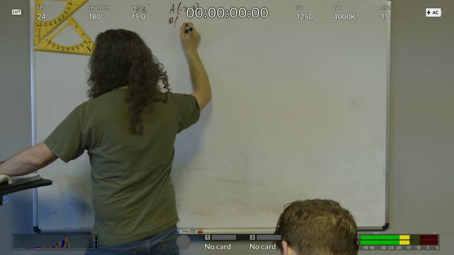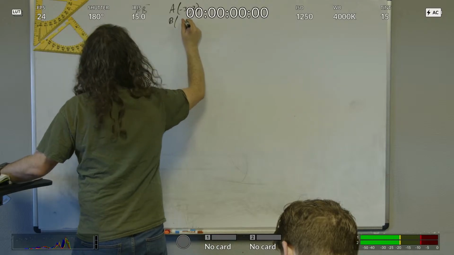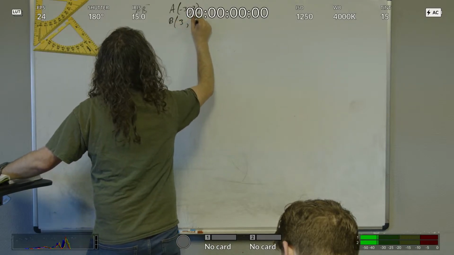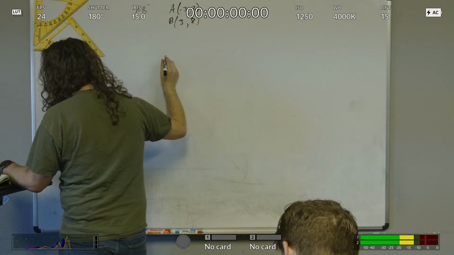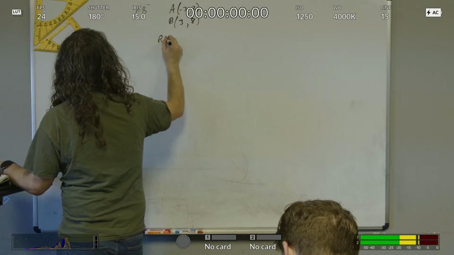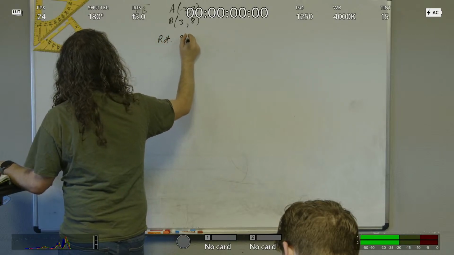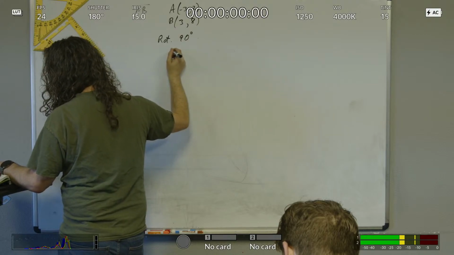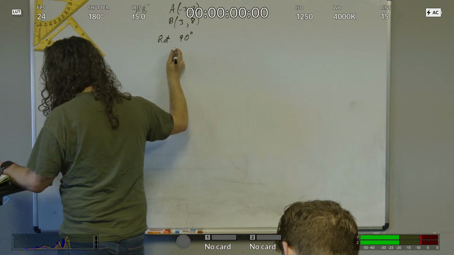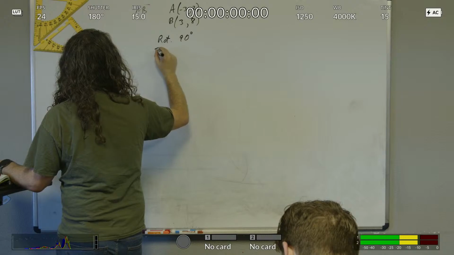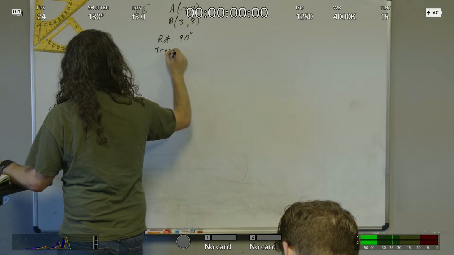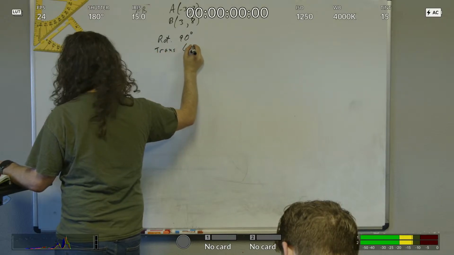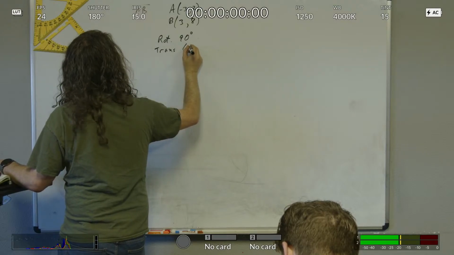And B is at -3, 8. And we are supposed to rotate 90 degrees about the origin and translate along the vector 4, 4.